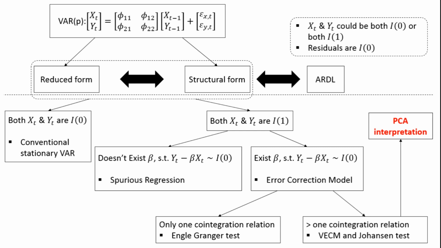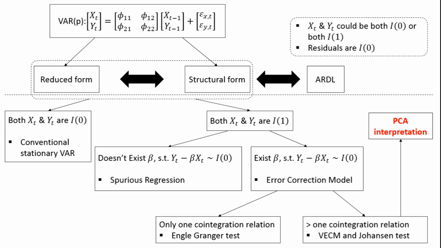To recapitulate, we can say that we have the VAR model, we have the reduced form, we have a structural form, and we have a situation in which both xt and yt are stationary. We have a conventional stationary VAR in this situation.